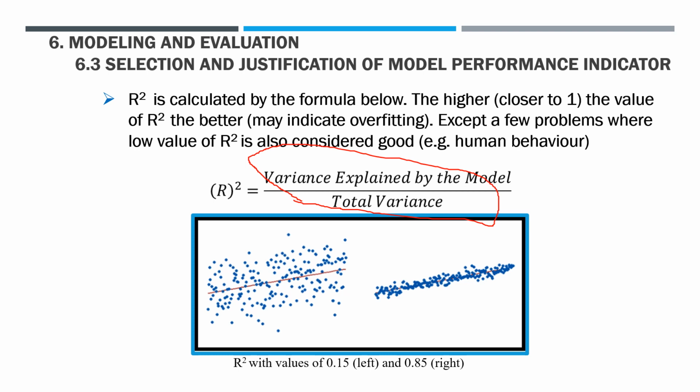In this figure below, the R-squared value is 0.15 here and 0.85 here, and you can see that with the 0.85 value the scatter around the fitted line is a lot less and the model looks a lot better. It will generate very good results for prediction.